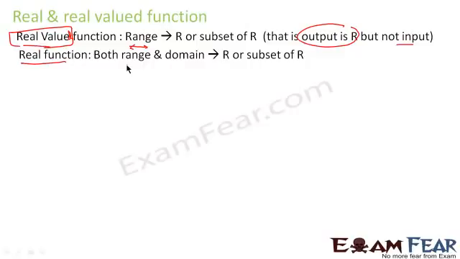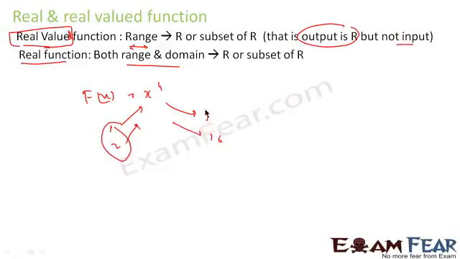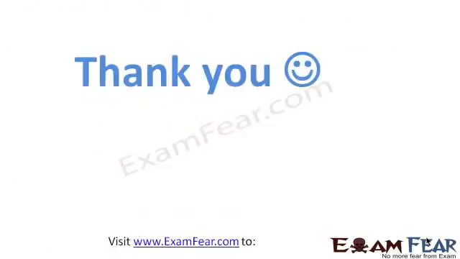That is, both range and domain are real numbers. Example of a real function: f(x) = x to the power 4. You give a real input, 1, you get 1 as output. You give 2 as input, 2 to the power 4, 2, 4, 8, 16, 16 is the output. This is an example of a real function where input is real and output is real. For a real valued function, the input is not real. It is non-real.